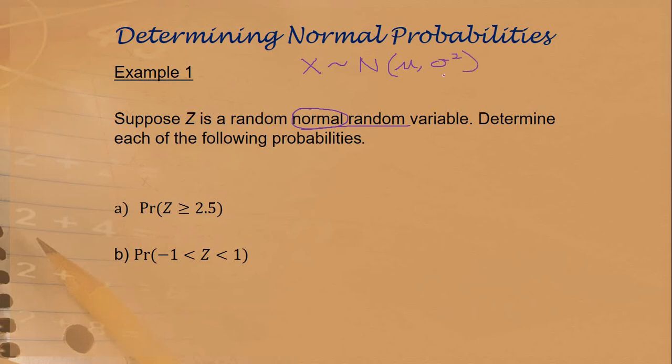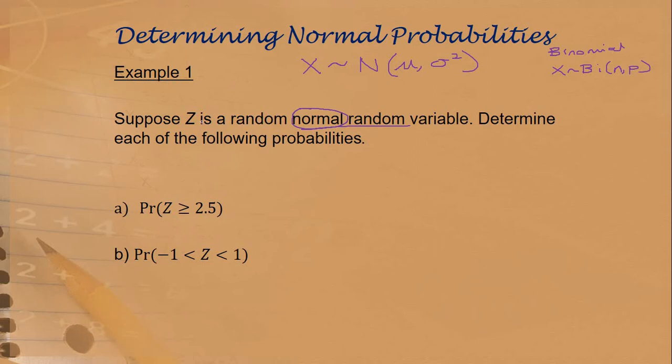And I do recommend that you actually write standard deviation with a squared above it because the standard deviation is what you will actually put into your CAS. Just remember that that compares to our binomial notation we had earlier, which was pretty similar, where X is binomial and we have the number of trials and the probability of success. So similar notation here.